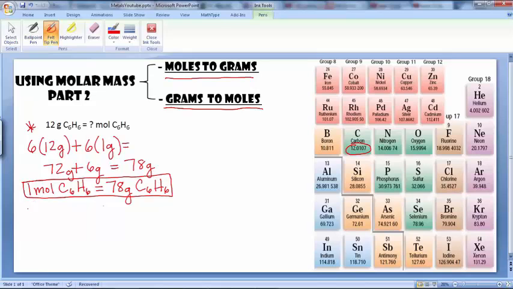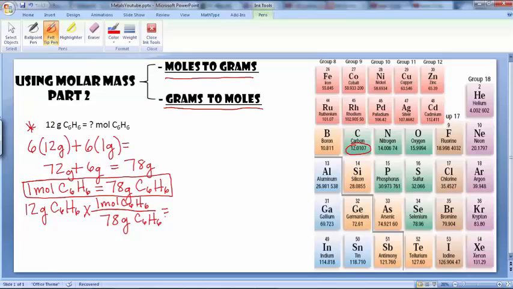So we start with 12 grams of C6H6, and we want to convert that to moles of C6H6. So 1 mole of C6H6 is equal to 78 grams of C6H6.